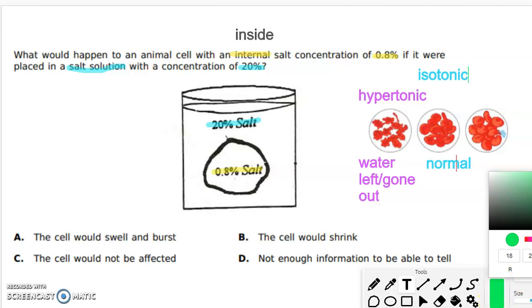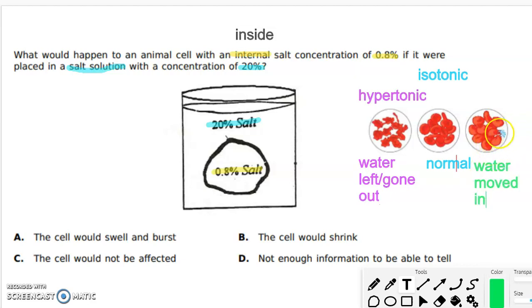And then finally, this image right here, it looks like these cells are really big and swollen. We can see how they're pretty fat. Even this cell right here looks like it's bursting. So for this, the water has moved in, and it's causing the cell to get really big and fat.